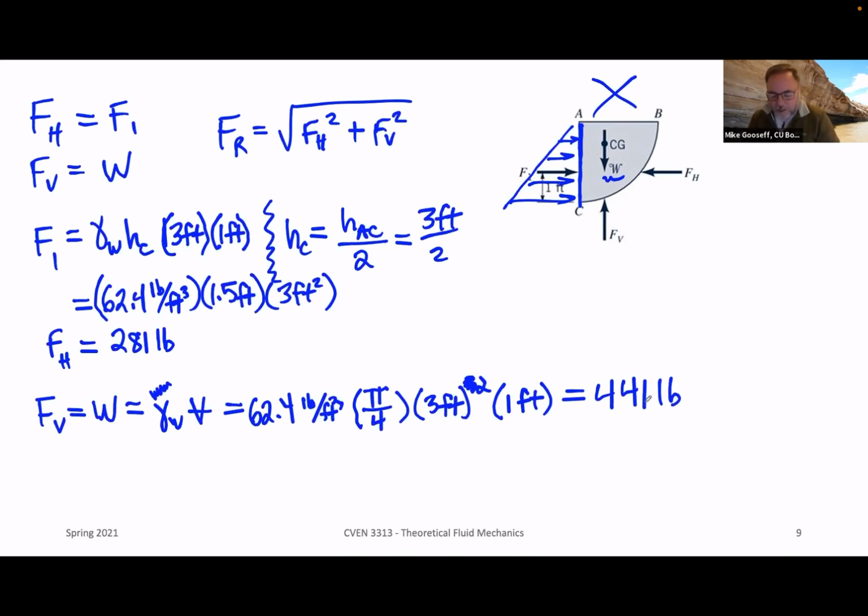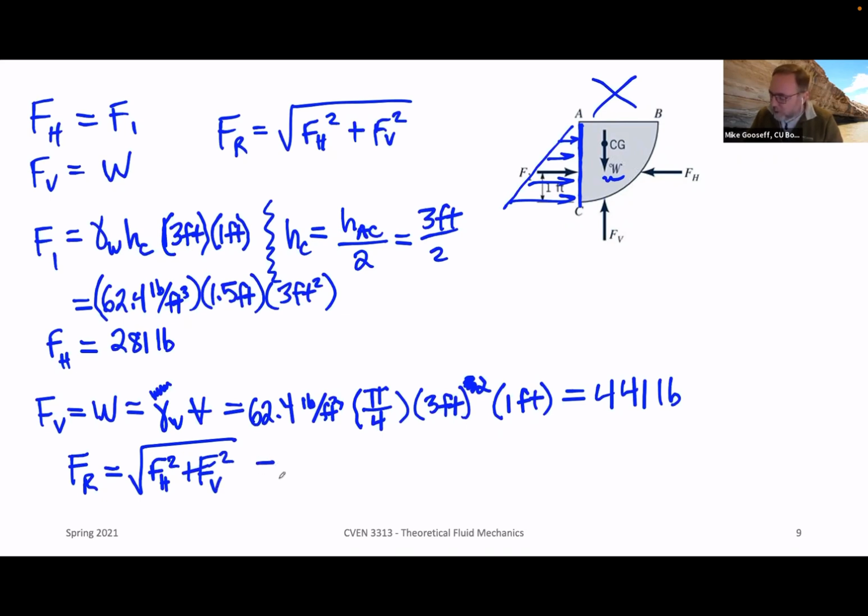All right, so now we can solve for FR, which is equal to the square root of FH squared plus FV squared.